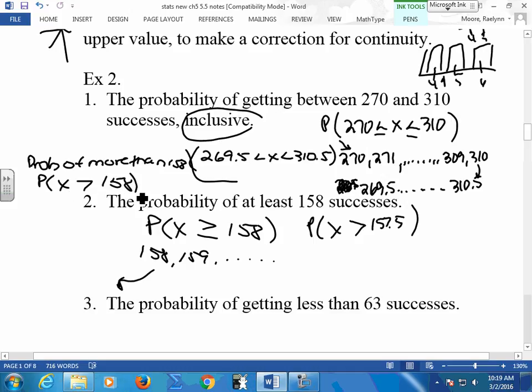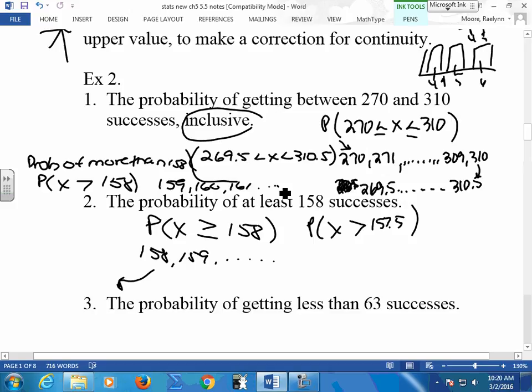But it can't include 158, right? So what's the first number that I'm going to need to get? Okay, so just give me the first whole number first. You got it. It is 158.5. But if I'm looking at my numbers and I'm going to string them along, do I take a 158 for this? So I'm going to start at 159, right? Then go to 160, then 161, dot, dot, dot.